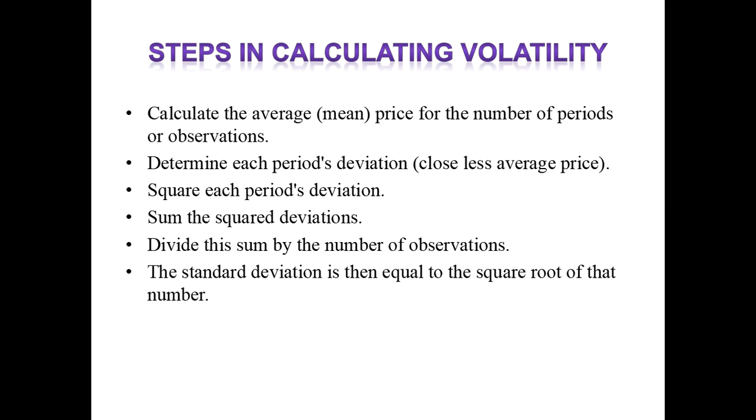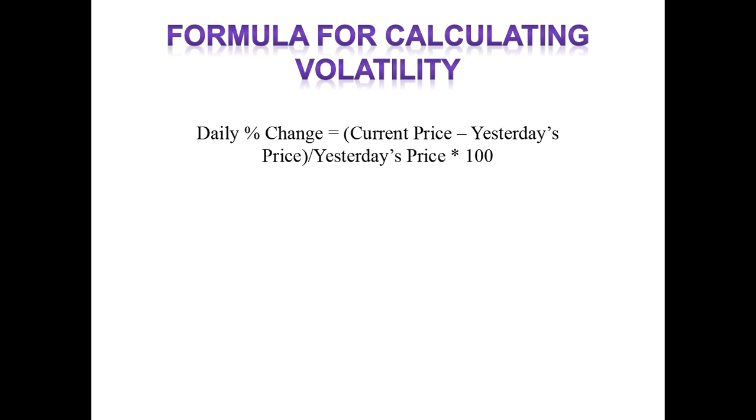Then you have to divide the sum by the number of observations. The standard deviation is then equal to the square root of that number. So here's the formula in case it's a little confusing. The daily percentage change is calculated by the current price minus yesterday's price, divided by yesterday's price, the whole multiplied by 100.